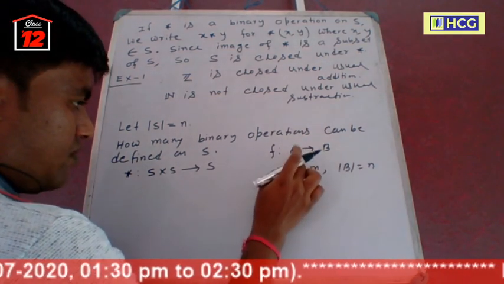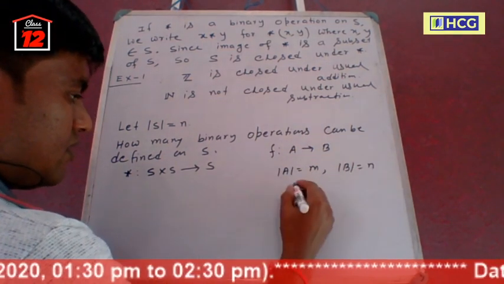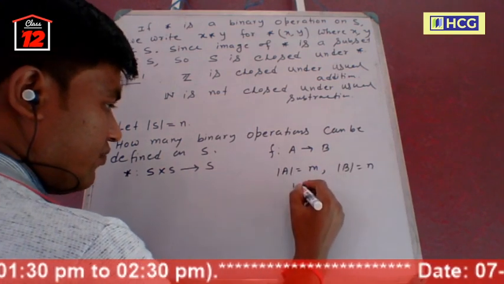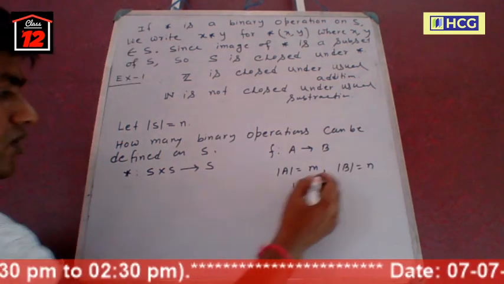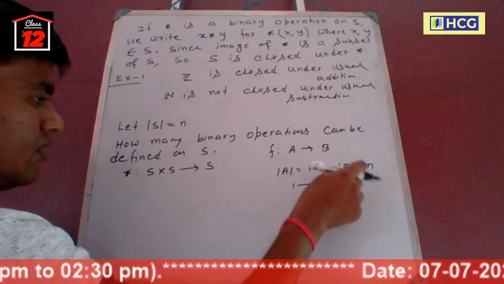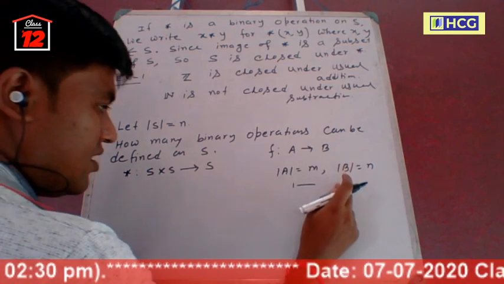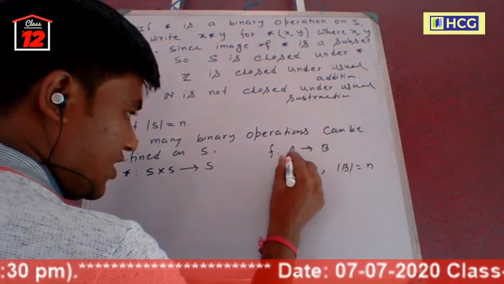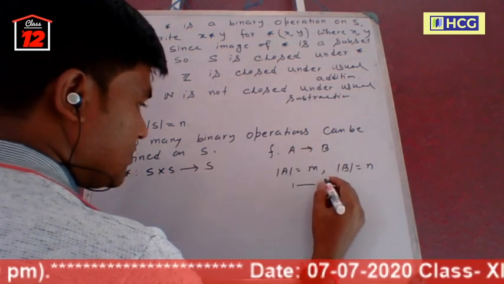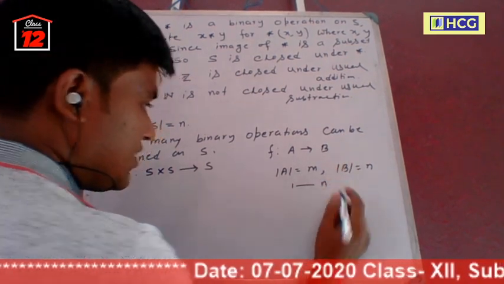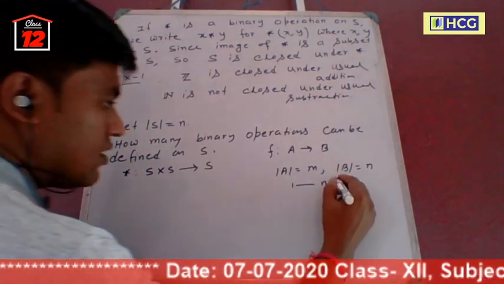The first element of A is associated with any one element of the set B. In B there are n elements, so this happens in n ways.